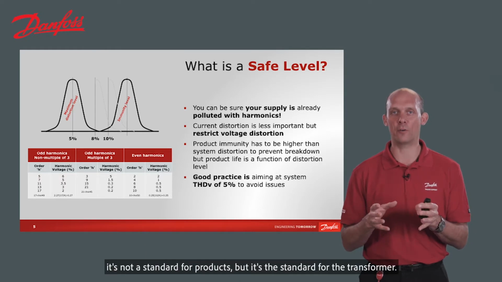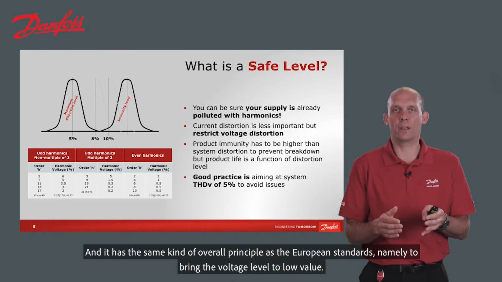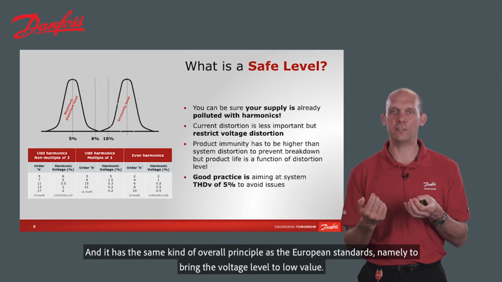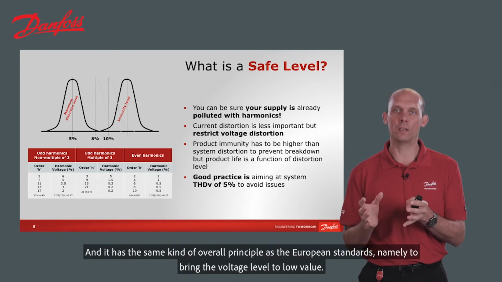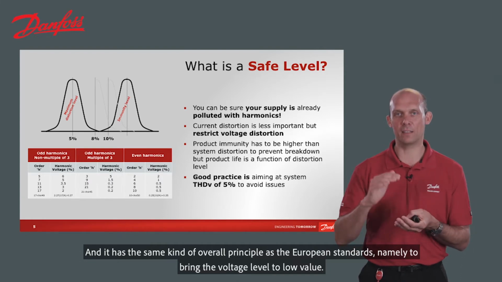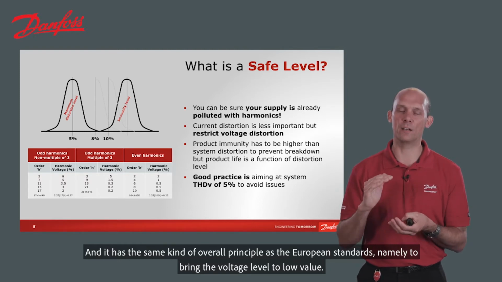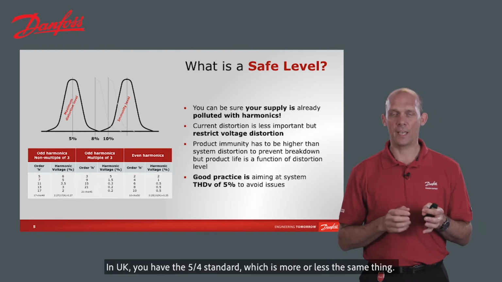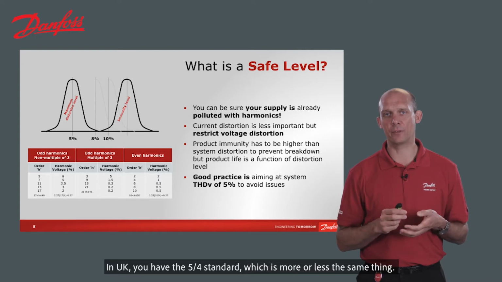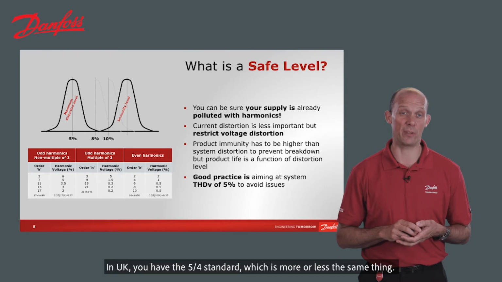It's not a standard for products, but a standard for the transformer. And it has the same overall principle as the European standard, namely to bring the voltage level to a low value. In the UK you have the G5/4 standard, which is more or less the same thing.